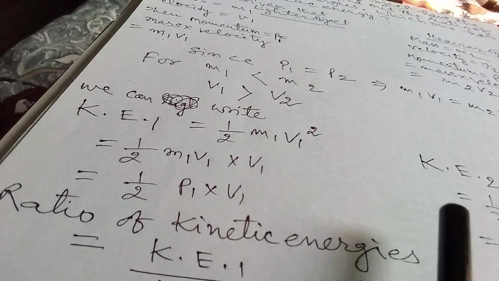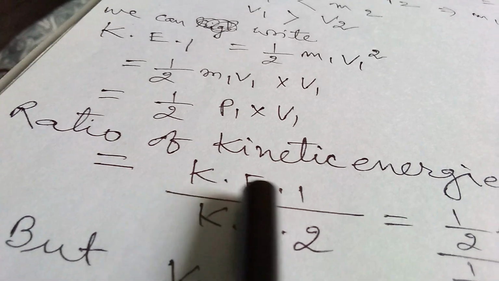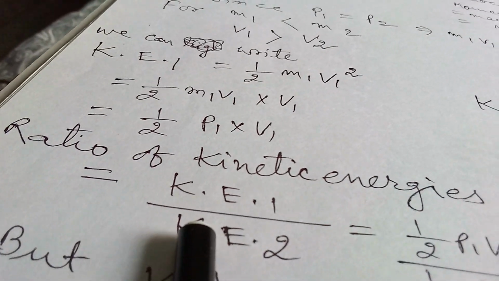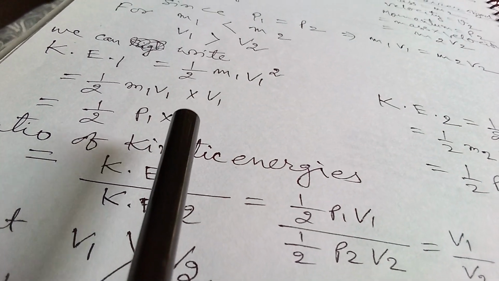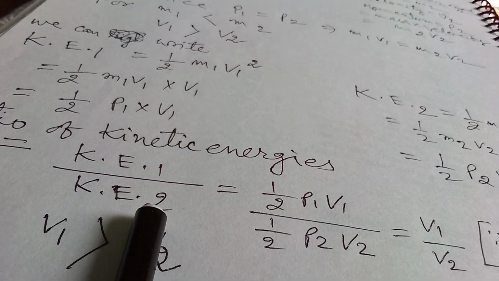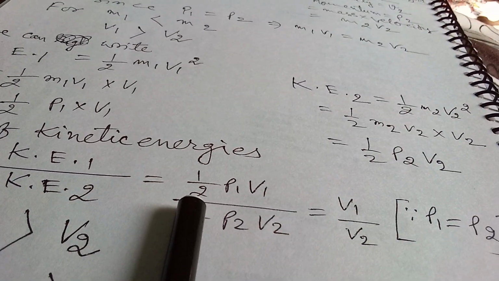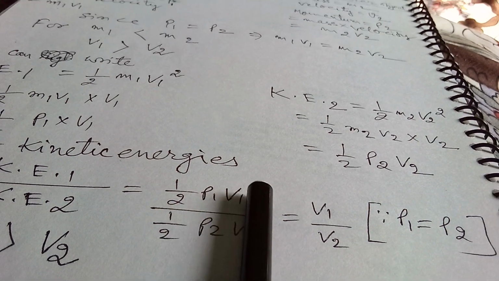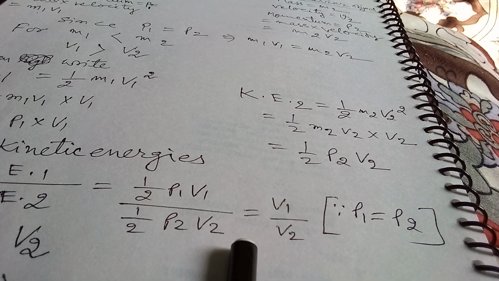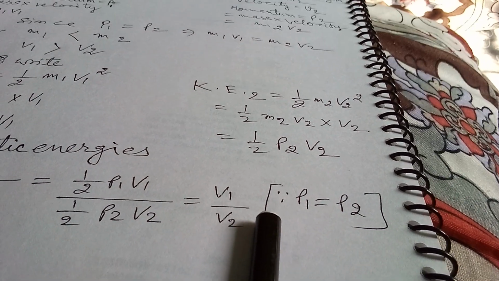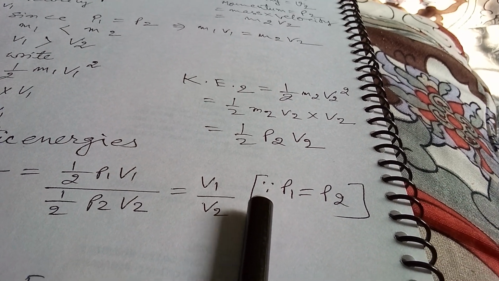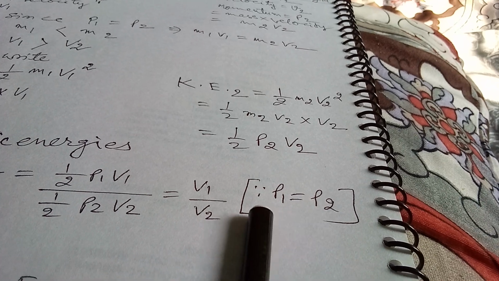Now ratio of kinetic energies. Kinetic energy 1 by kinetic energy 2, that means kinetic energy of the lighter object by kinetic energy of the heavier object, is equal to 1 by 2 p1 v1 by 1 by 2 p2 v2. Here it is given in the question that momentum of the lighter object and heavier object both are equal.